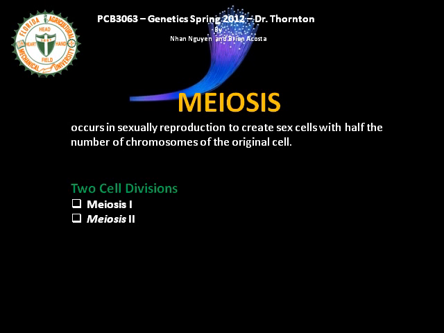Meiosis occurs in sexual reproduction to create sex cells with half the number of chromosomes of the original cell. It consists of two cell divisions, meiosis I and meiosis II.